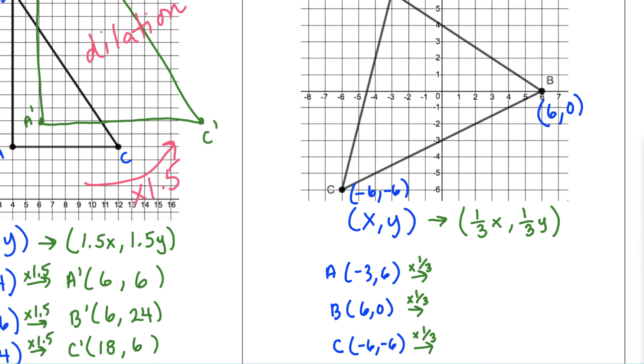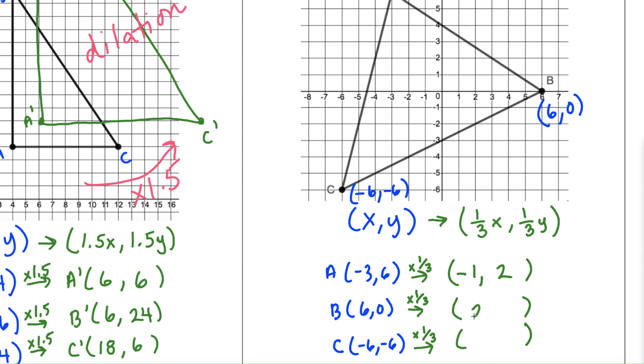And I get, let's see, negative times positive is negative. 1/3 of 3 is 1. If you need to use calculator, use calculator. 6 times 1/3 is 6 times 1 is 6, over 3 is 2. And 6 times 1/3, it's the same thing.